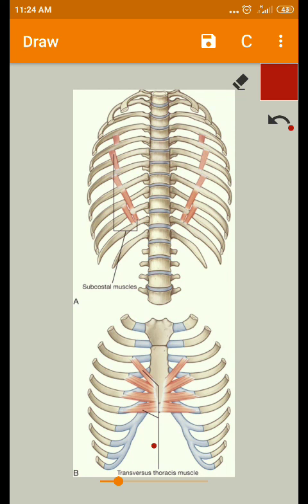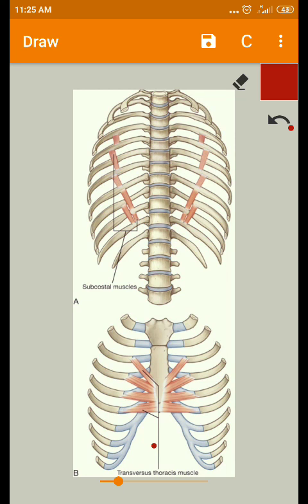Another set of muscle is also present on the posterior aspect, called levator costorum. We will see the levator costorum in the next video. All these muscles mainly help in ventilation or respiration.